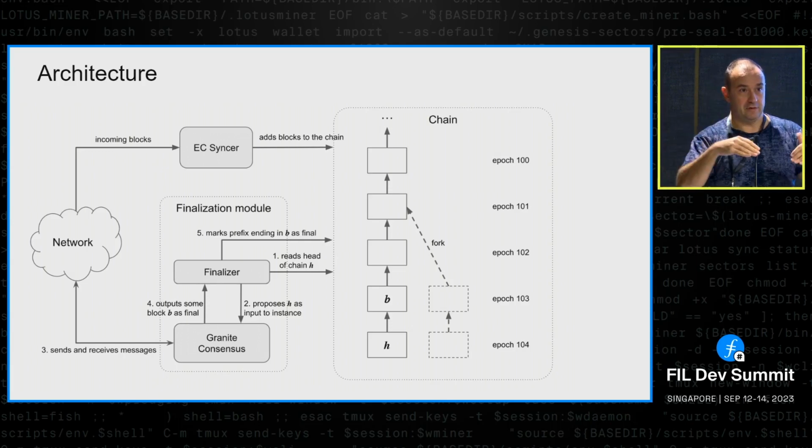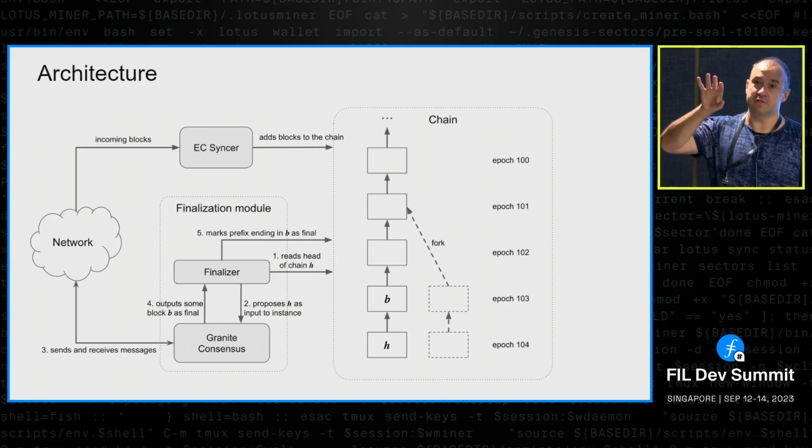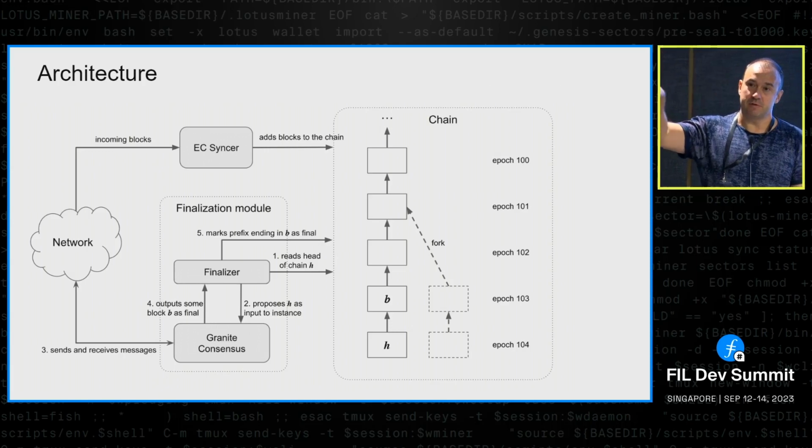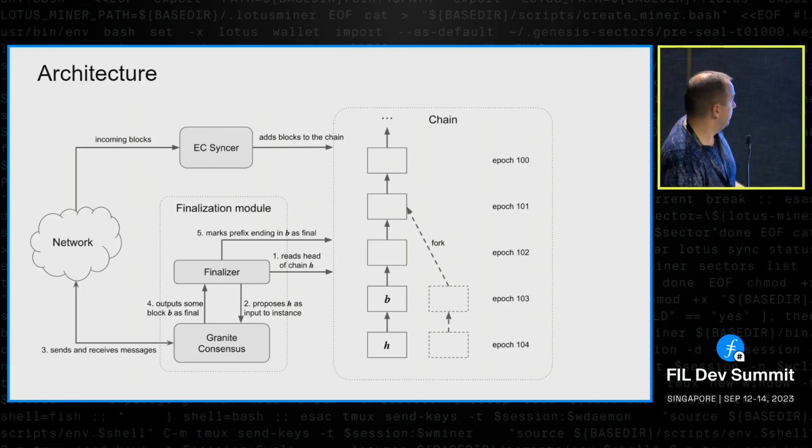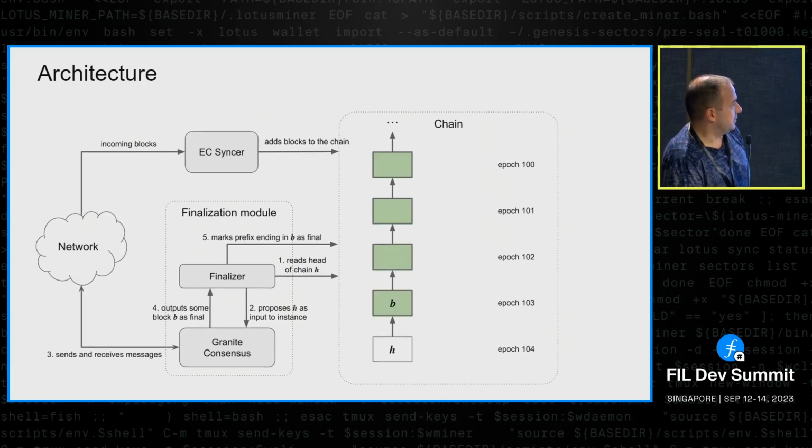If we need to inform full nodes of the decision, we can have a separate gossip subchannel in which the storage providers publicize the decisions and inform full nodes. And we output some block as final, depending on the Granite consensus output, and this determines the finalized chain.